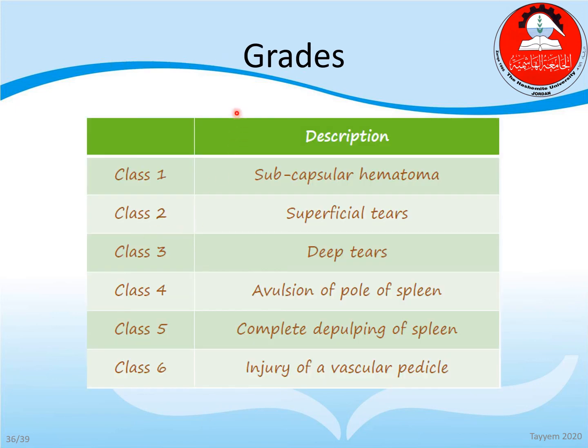And the CT scan can give you a grade for the degree of the injury: 1 subcapsular hematoma, 2 superficial tear, 3 deep tear, 4 there is a bulging of the pole of the spleen, 5 there is complete depulping of the spleen without involving the hilum, grade 6 is injury of the vascular pedicle or disruption of the spleen.